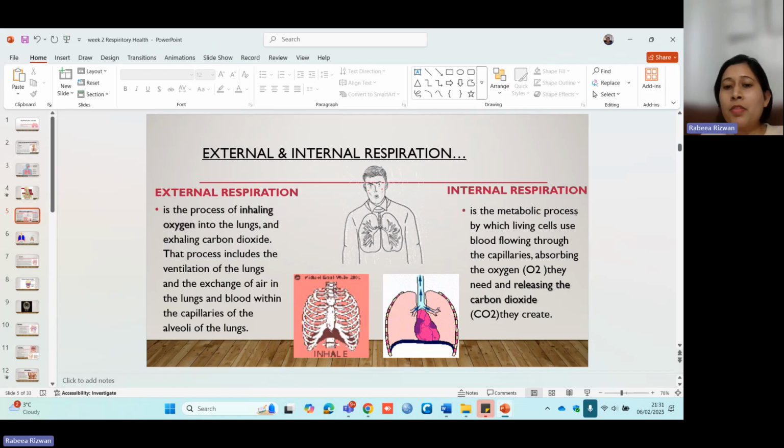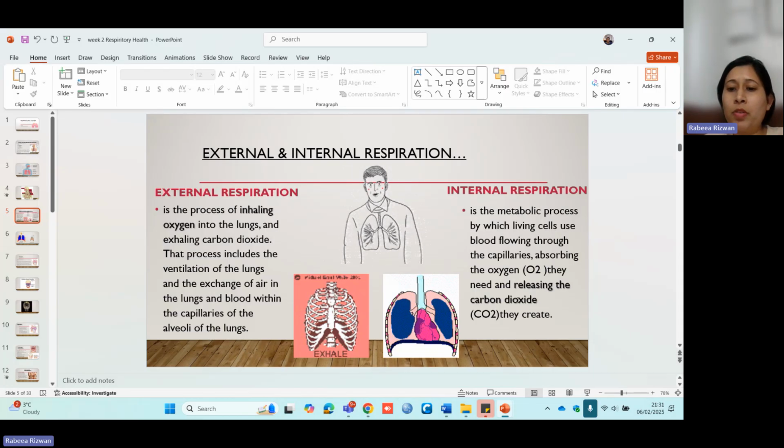Then followed by it, the next process is called internal respiration. It is actually a metabolic process in which the blood absorbs the oxygen from our inhaled air and releases the carbon dioxide produced during metabolism from the cells. In this way, it is exchanging the air and releasing the waste and unrequired gaseous material outside.